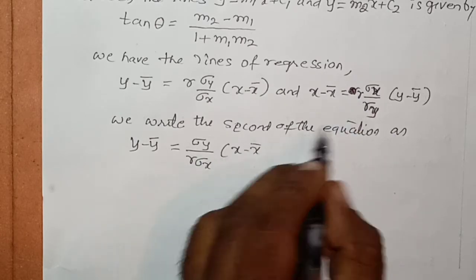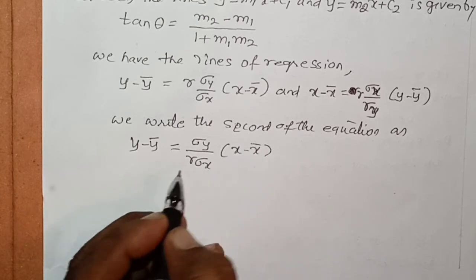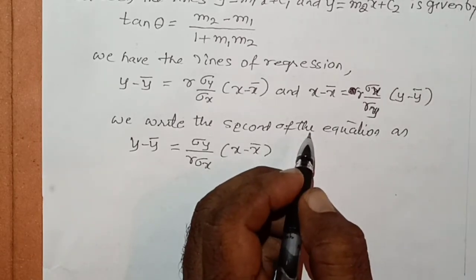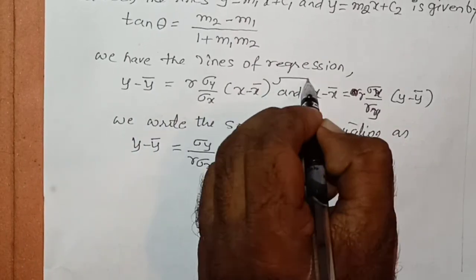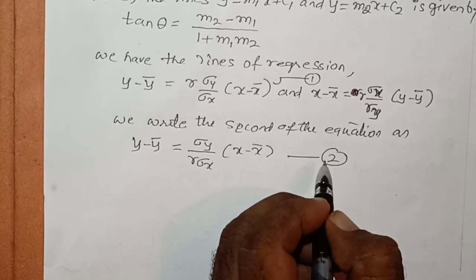This is the second equation written in another form. You can call these equation 1 and equation 2.